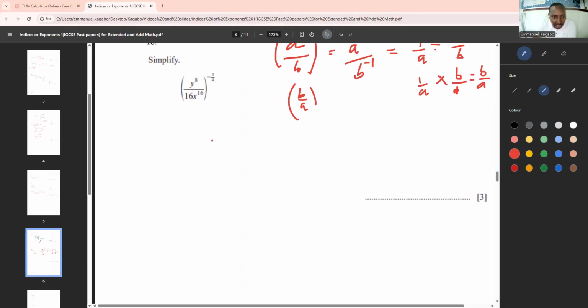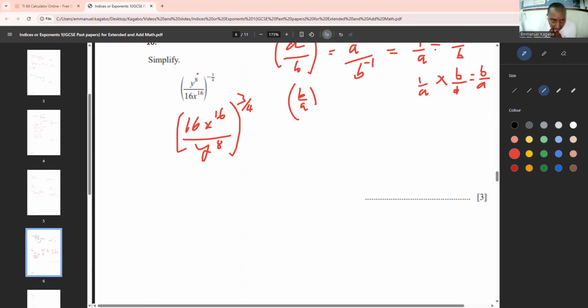That's exactly the same thing I'm going to do. I'm going to reverse this. So it's going to be 16 x power 16 over y power 8, then all of this power 3 over 4. Did you see what I've done, guys? I've done the reciprocal of this and this, then changed the sign, because power -1 is just doing the reciprocal.